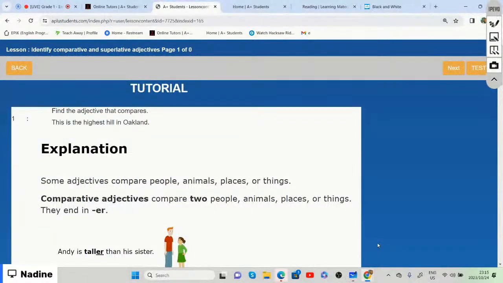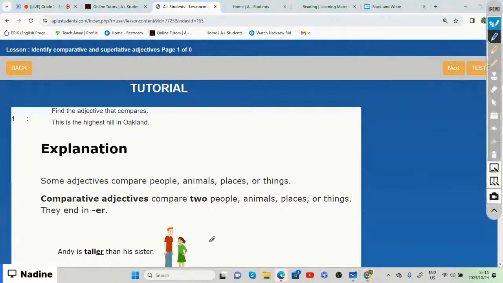And remember, we said that when we compare adjectives, we have a superlative adjective and we also have a comparative adjective, right? And we say the comparative adjective compares two people, two animals, two places, or two things, right?